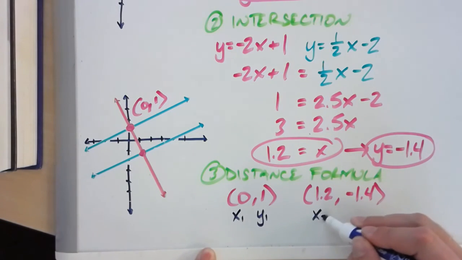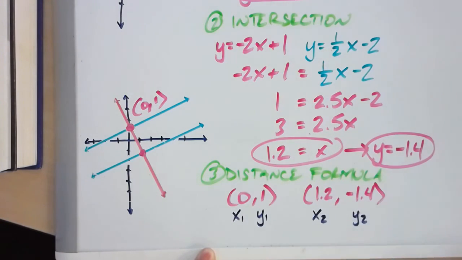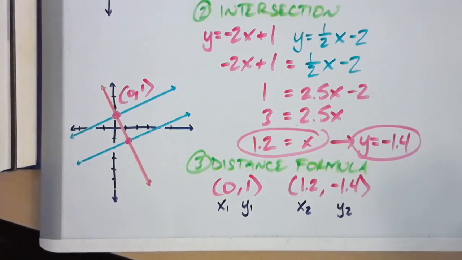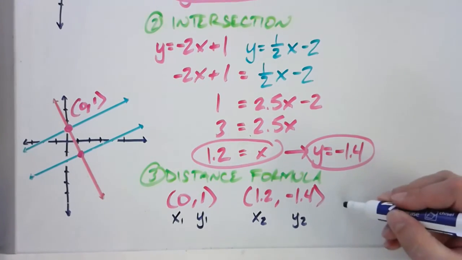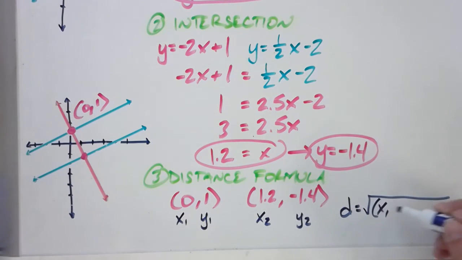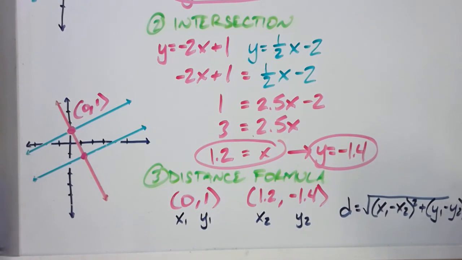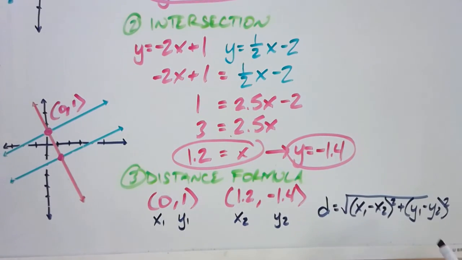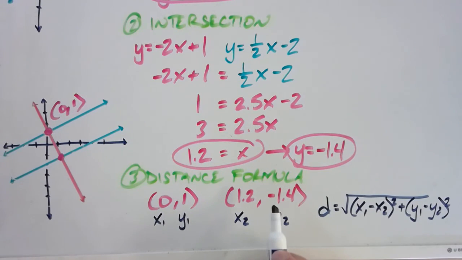This would be x2, y2. And my equation for distance formula is going to be the square root of x1 minus x2 squared plus y1 minus y2 squared. There's my distance formula. Those are the values I'm going to plug in. Just be careful of order of operations.